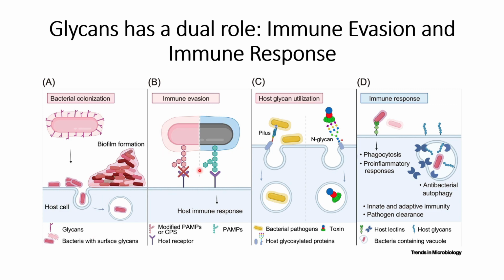The other way that is shown is kind of a zoom-in view of what happened in part 1, that is, immune evasion. How this immune evasion occurs is that this bacteria has modified PAMs, pathogen associated, I'm not able to recall its full form, or CPS.